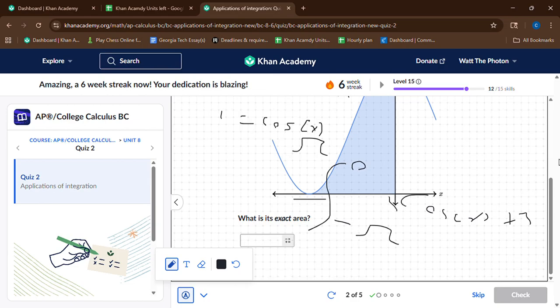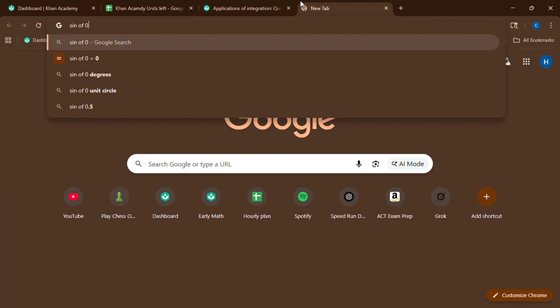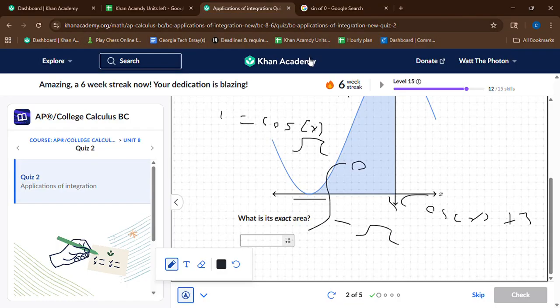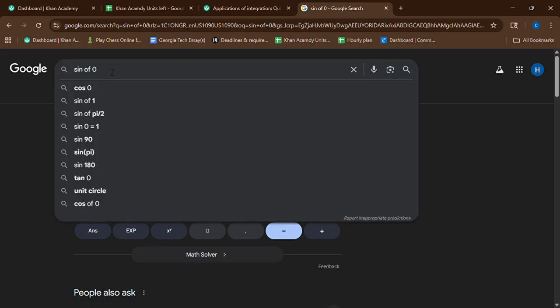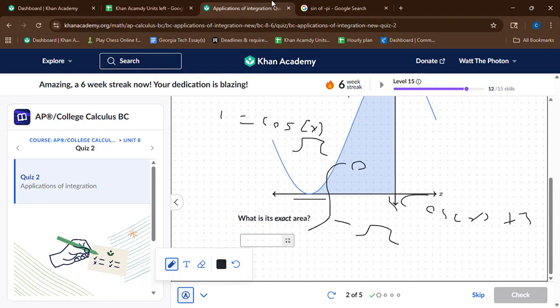So if we get 0, the sine of 0, it's too early for this, I think that's 0. 0, 0. Negative 3 pi.